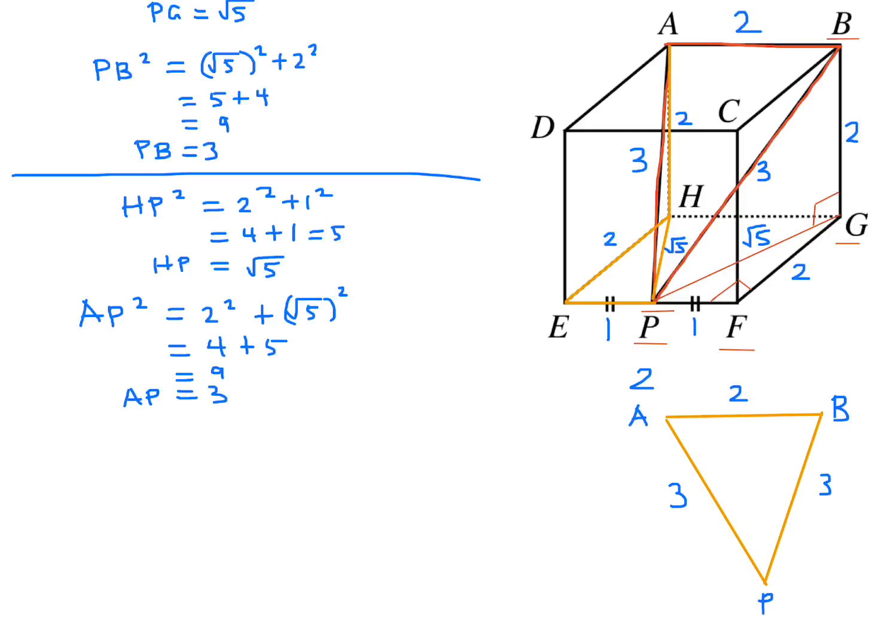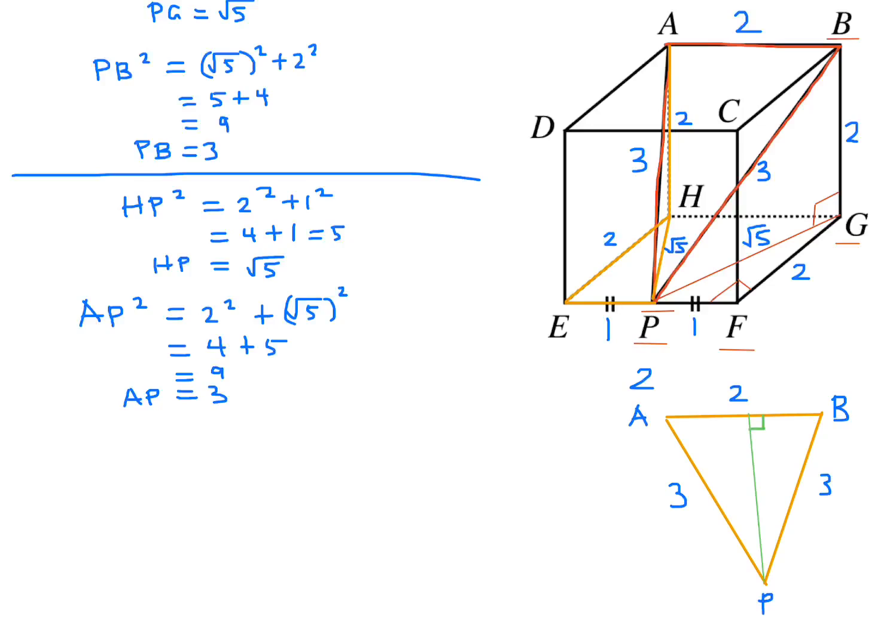Now immediately you can recognize that that is an isosceles triangle, correct? And if you draw a perpendicular from P to the base like that, you will cut AB in half, but more importantly, you will create a right angle right there.